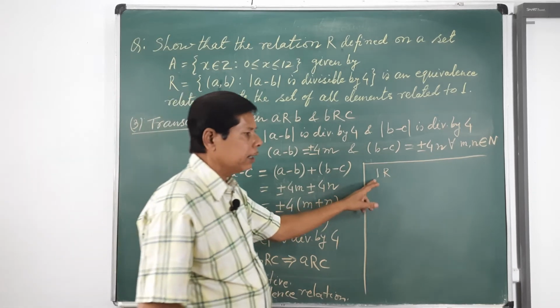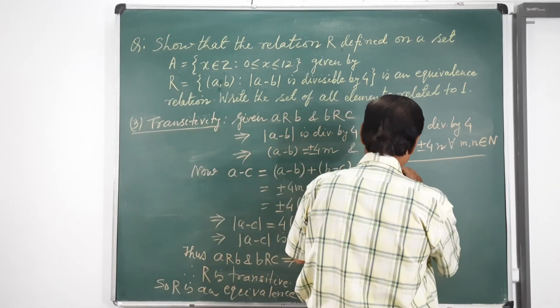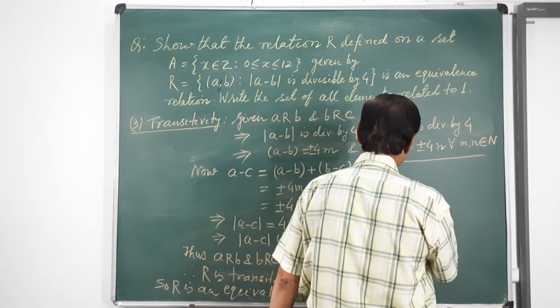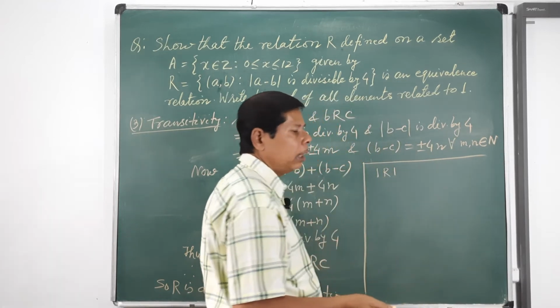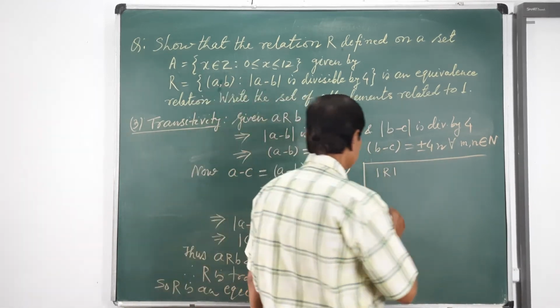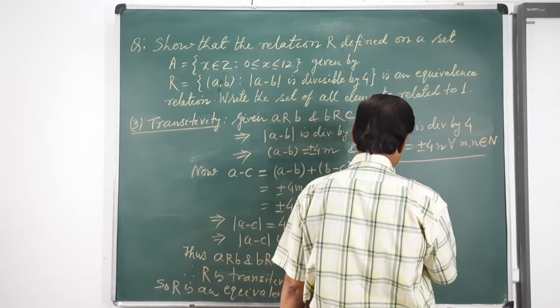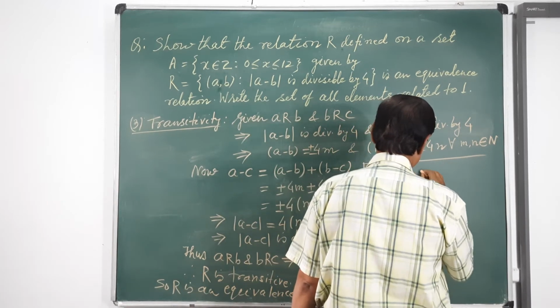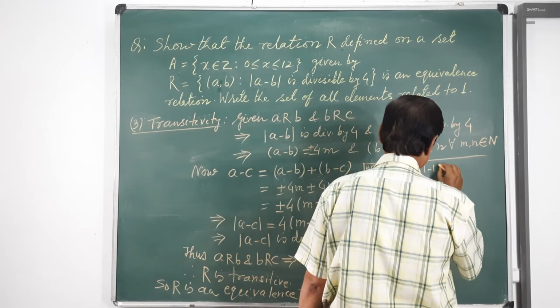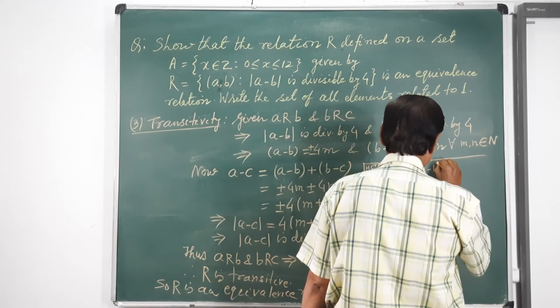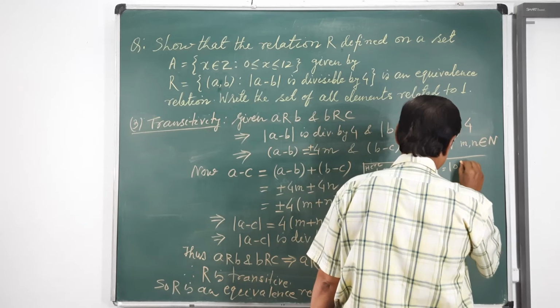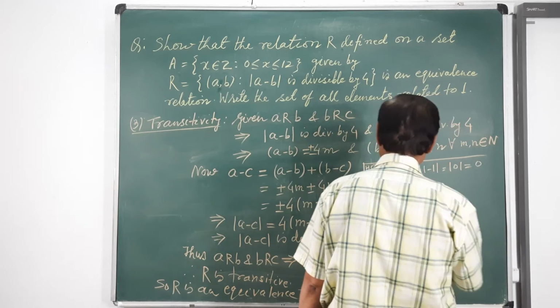So 1 is related to 1 because 1 minus 1 equals 0 and 0 is divisible by 4. So here you can write 1 is related to 1 as mod of 1 minus 1 equals mod 0 equals 0.